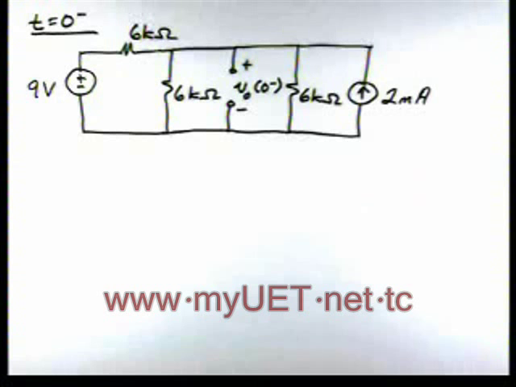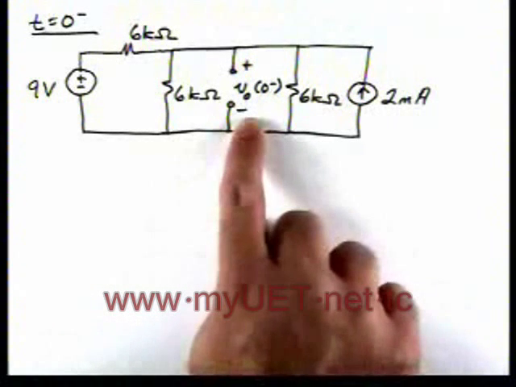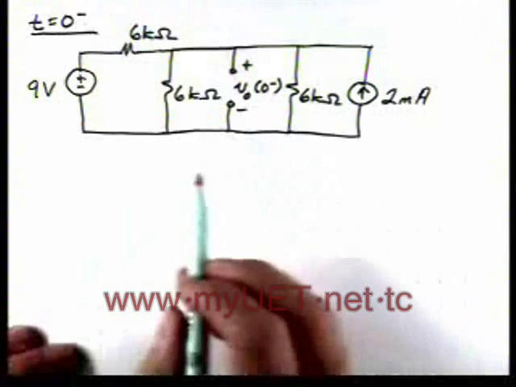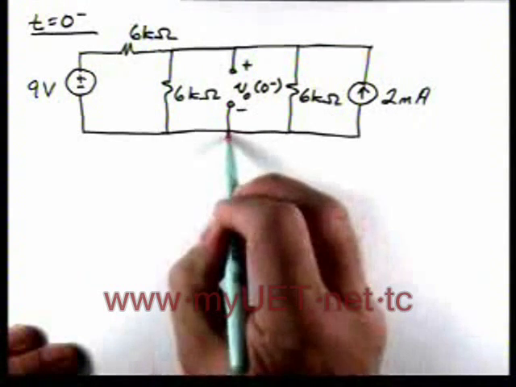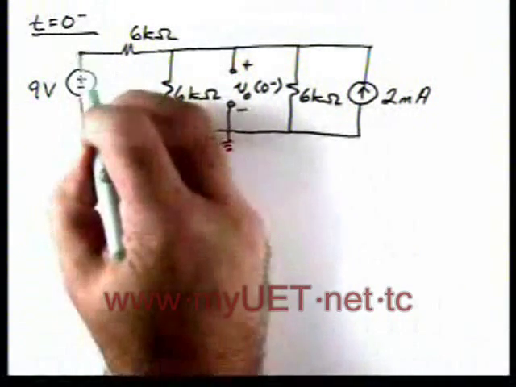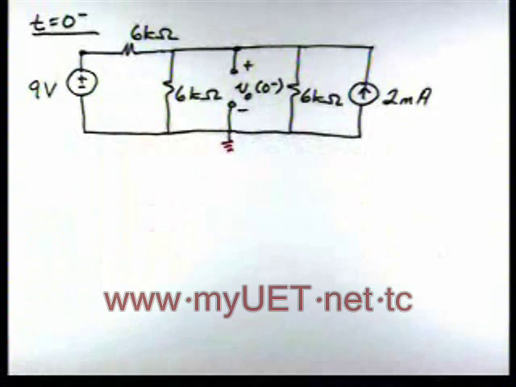The capacitor's been replaced by an open circuit, and we need to solve for the capacitor voltage. This circuit has 3 nodes. If we pick this one as a reference, we have a node voltage here which is known, and we have another one here which is V0 of 0 minus.